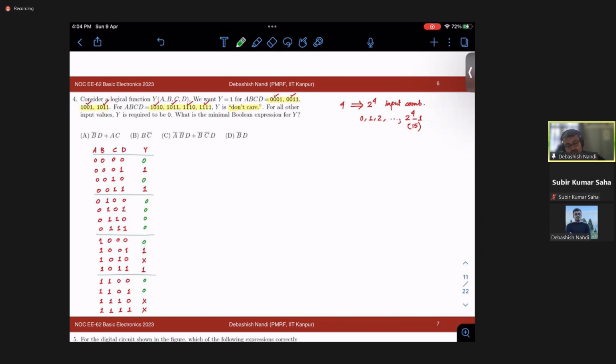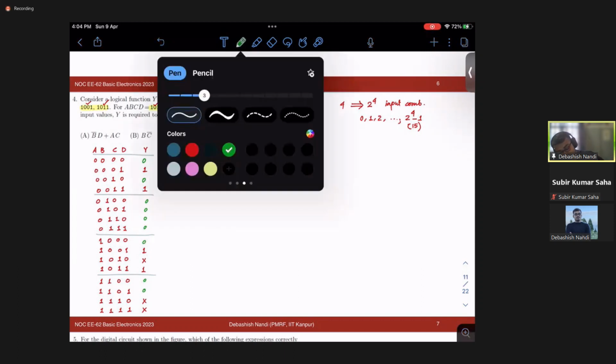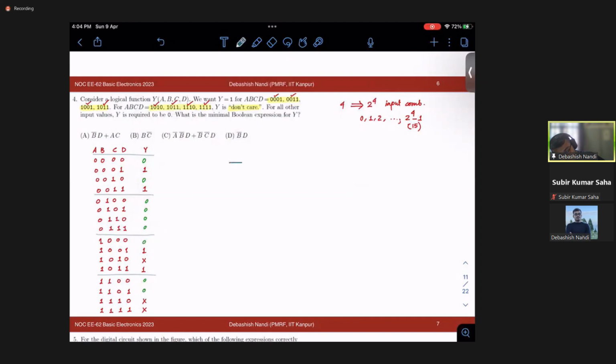Now we need to get the minimum expression, minimum sum of product, right? What is the way? First to write down the Karnaugh map. How do you write down the Karnaugh map? To make a 16 square box, right? 16 small square boxes.